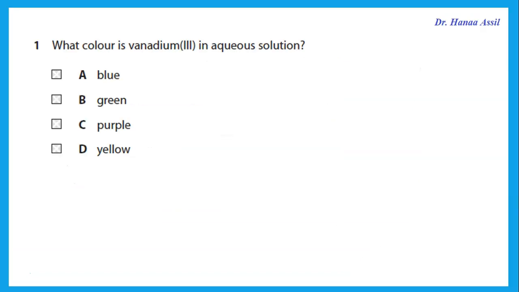So the first question in this paper was, what color is vanadium 3 in aqueous solution? Remember, you are required to know colors of several of the transition metals in different oxidation states.